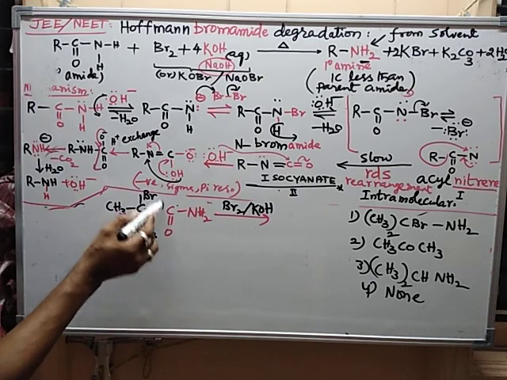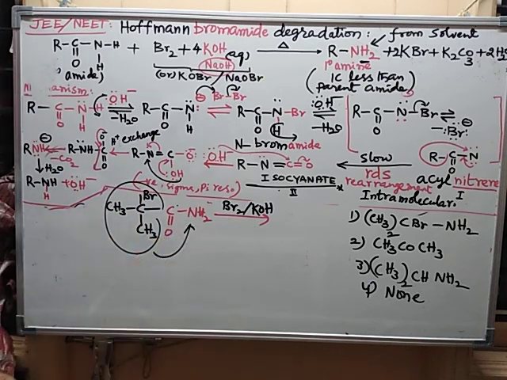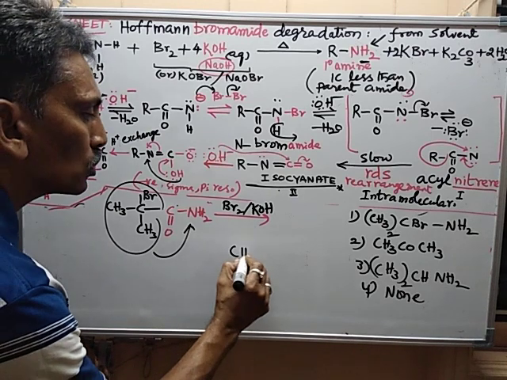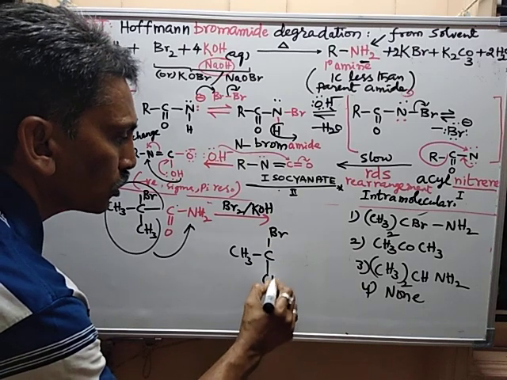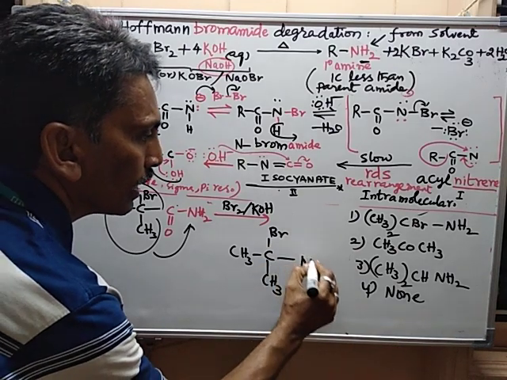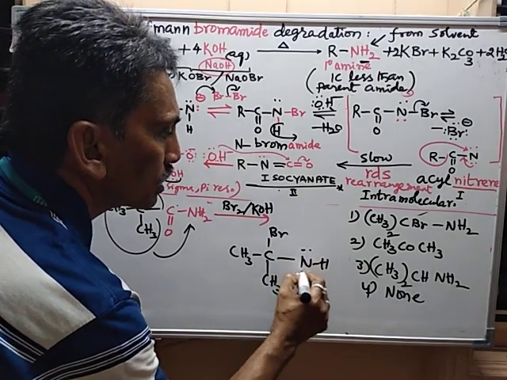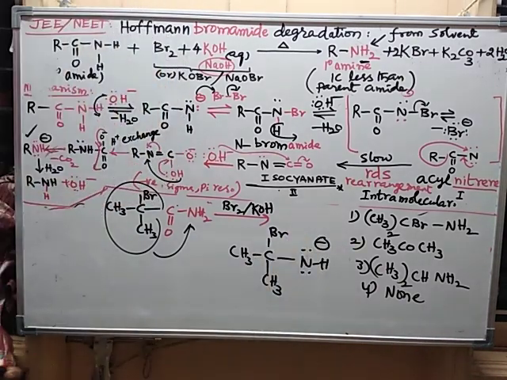As if this group is migrated, what is the intermediate? This is the intermediate: (CH3)2CBr-NH minus. This is to be observed by the student.